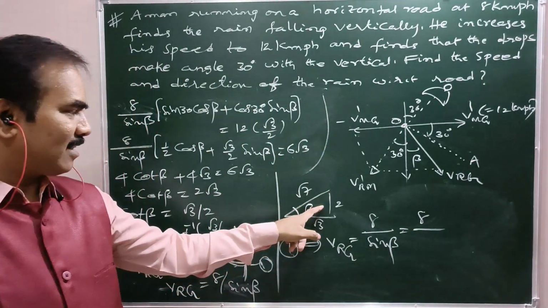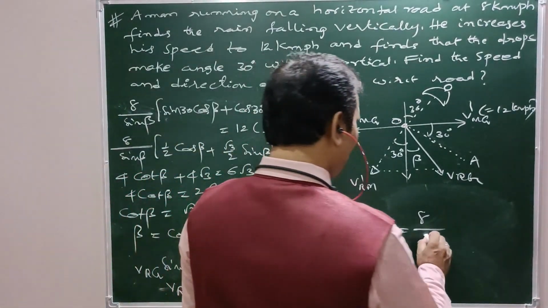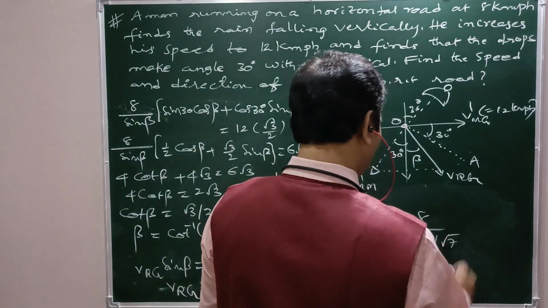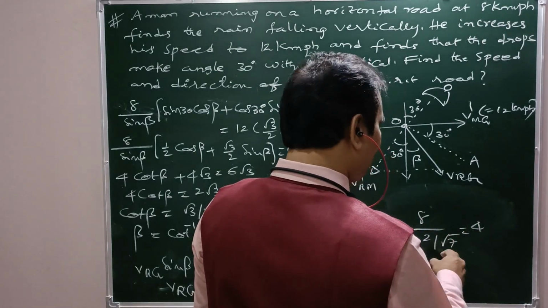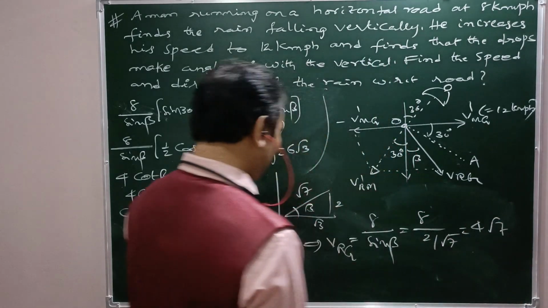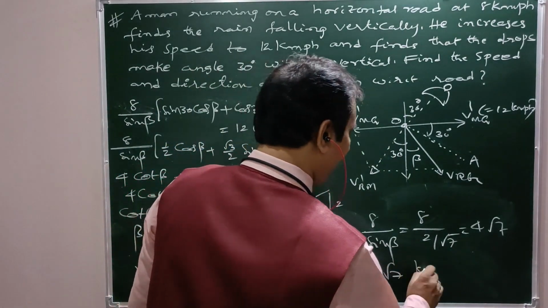From this right angle triangle, sin beta means opposite side by hypotenuse, that is 2 by root 7. So that is 8 by 2 means 4, into root 7. That is VRG equal to 4 root 7 kmph.